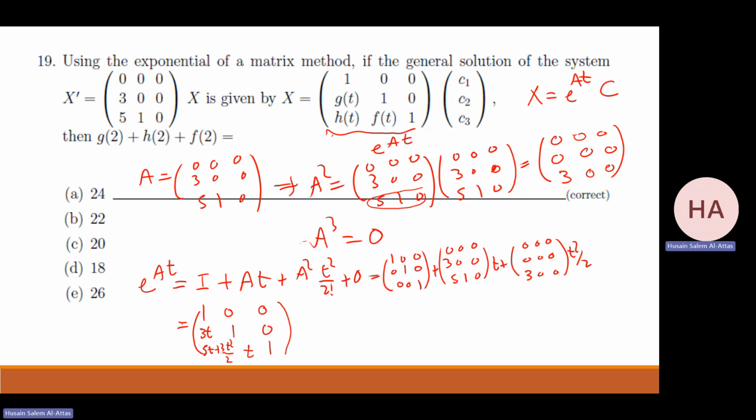So this is 1, this is 0, this is 0. This is g of t. This is 1, this is 0. This is h of t. This is f of t. And that is 1. Correct.